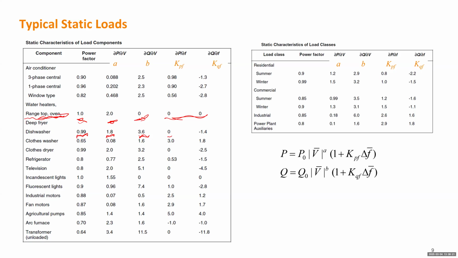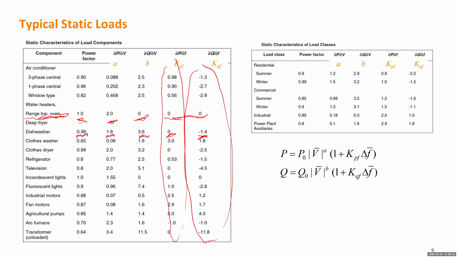The active power doesn't depend on frequency, but the reactive power will decrease with an increase of frequency. So those values are basically the same as what we said in the previous slide about the range. Usually the KPF values are typically positive, but the KQF values are typically negative.